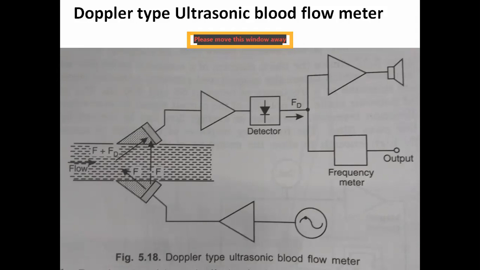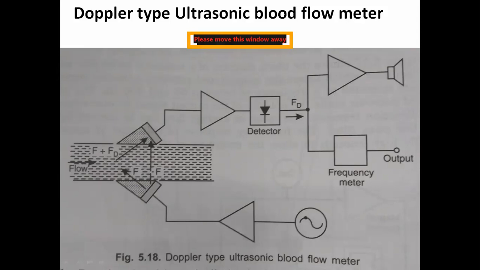When we apply an electric signal to the piezoelectric material, it will produce an ultrasound signal, and the piezoelectric material on the other side receives the ultrasound signal and converts it into an electrical signal.